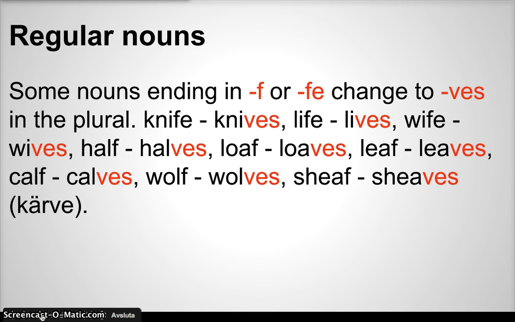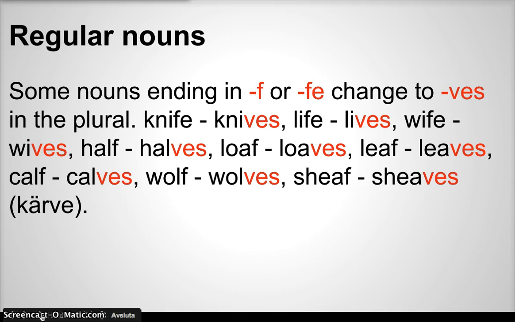We have one leaf and many leaves, VES again. We have the word calf and many calves, spelling changing to VES. We have the animal, wolf, that changes to wolves.